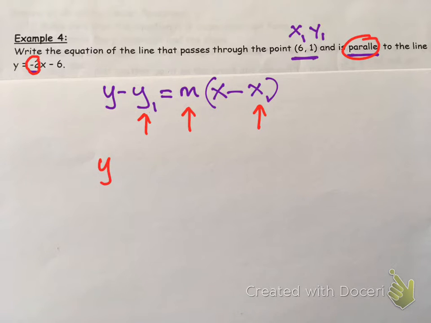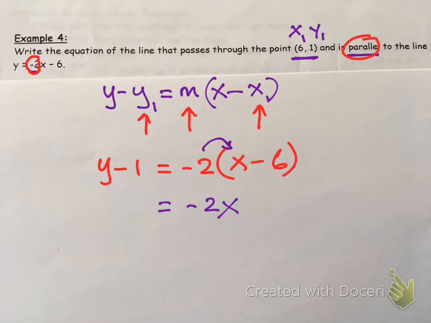So y minus y1, where y1 is 1, is equal to m, the slope, which is also negative 2, times x minus x1, which is 6. If you distribute this negative 2, this becomes negative 2x, and negative 2 times negative 6 is going to give us a positive 12, and over here we have y minus 1.